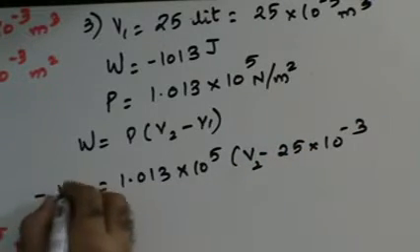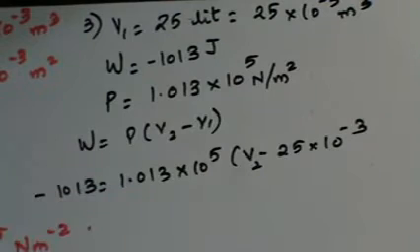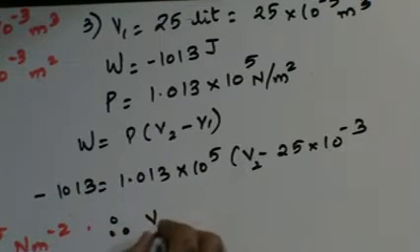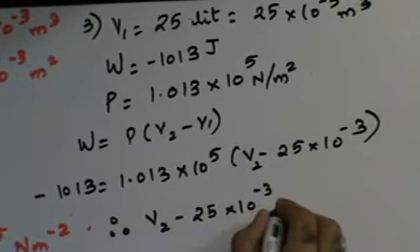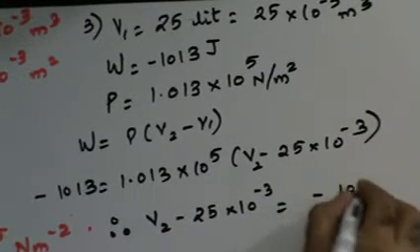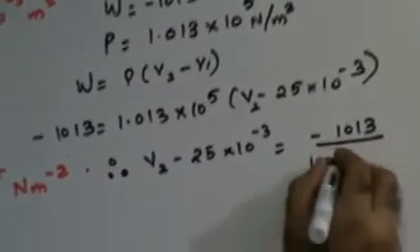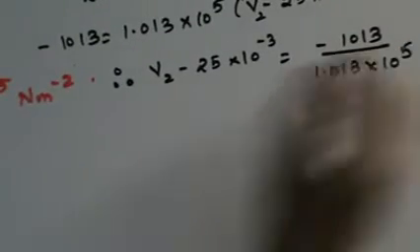Work done is given as minus 1013 joules. So V2 minus 25 into 10 raised to minus 3 is equal to negative 1013 upon 1.013 into 10 raised to 5.